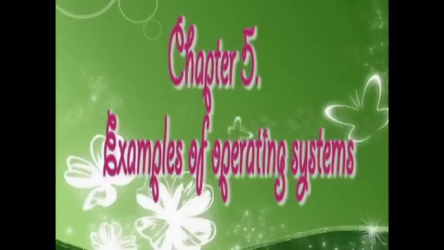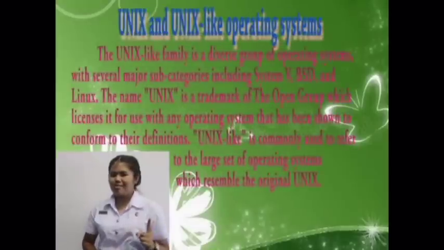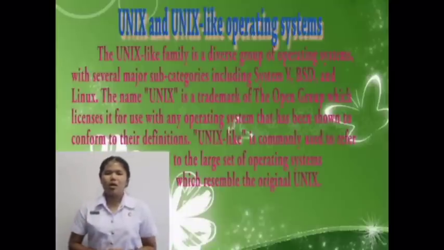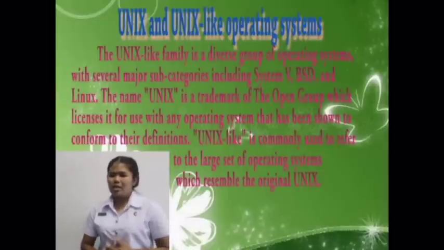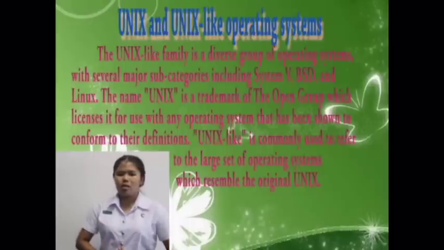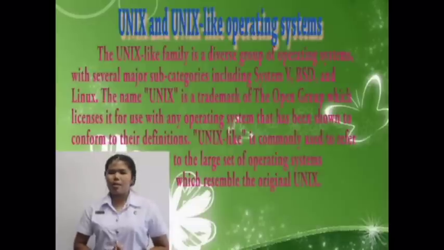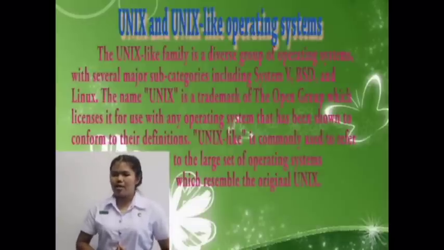Chapter 5. Examples of operating systems. Unix and Unix-like operating systems. The Unix-like family is a diverse group of operating systems with several major subcategories, including System V, BSD, and Linux.